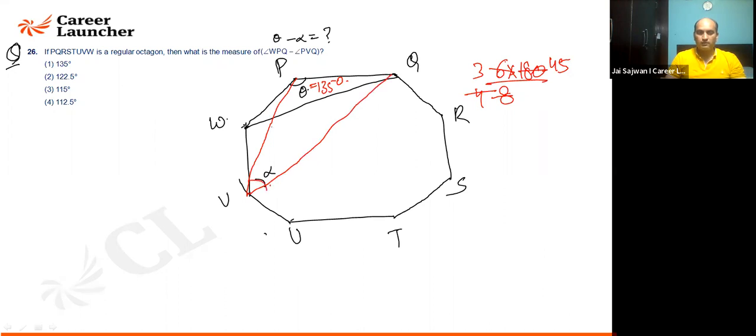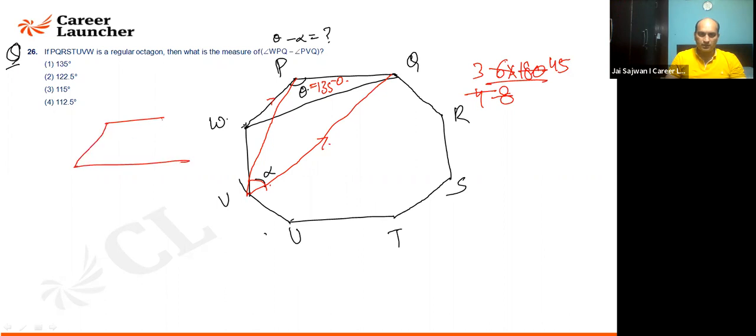Let's talk about PVQ, this angle. Now what I can say here is that this side must be parallel to this side. Why? Look at this. This is like this type of figure. This is equal, this is equal, this is regular. So I can say this one is parallel to this one. Do you understand? This portion, if you look, is connecting them.